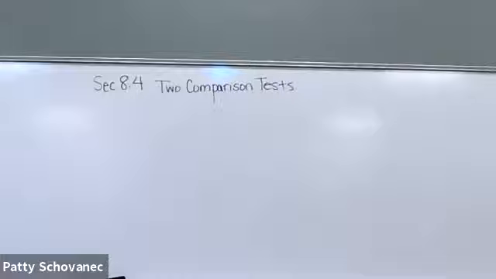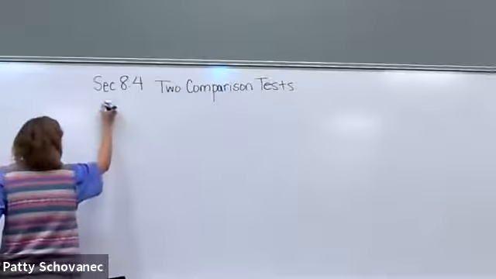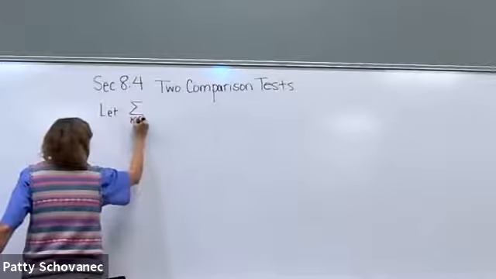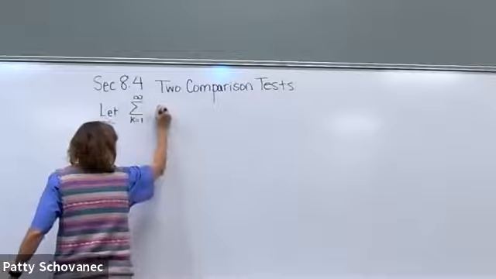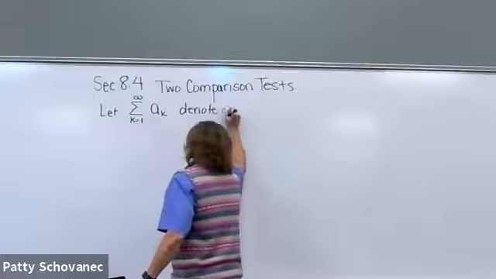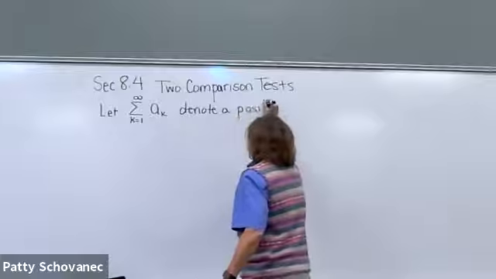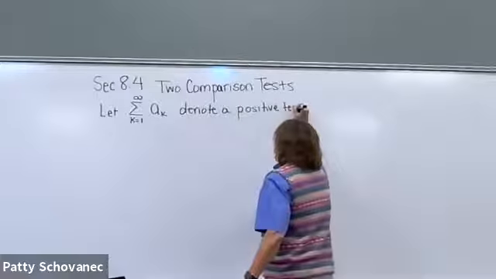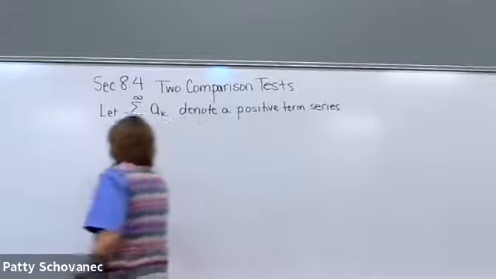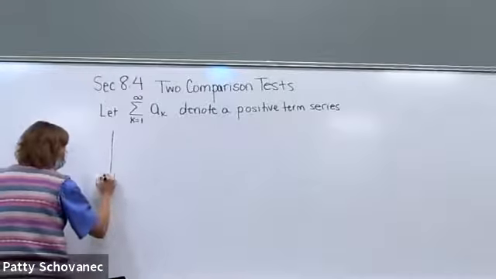Remember that I'm denoting my series to look like the heights of sticks whose height is given by the general term. So we're talking about positive term series only. So the series from k equals 1 to infinity of a_k denotes a positive term series. Geometrically, it looks something like this.